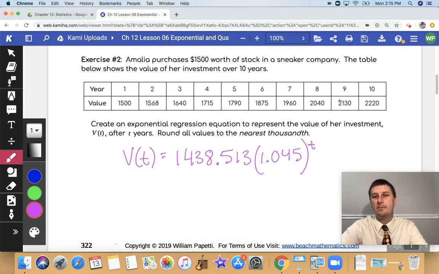But again, maybe is the key word there, because stocks could go up and down at any time. So if this stock were to continue on this trend line, then yes, this would be an accurate equation to predict the value after any number of years, which is pretty useful in the world of finance.